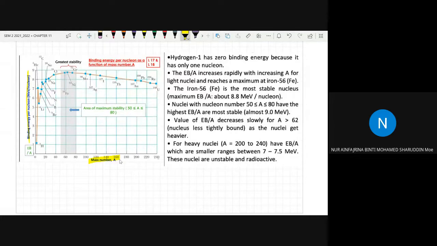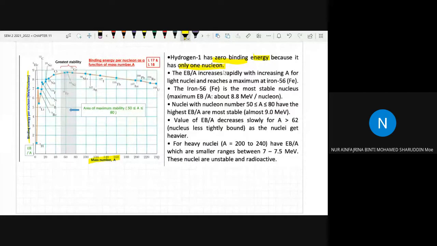Hydrogen, it doesn't have what? Neutron, right? Am I right? So why? Because it has only one proton. Correct? So hydrogen will have zero binding energy, because it has only one nucleon.